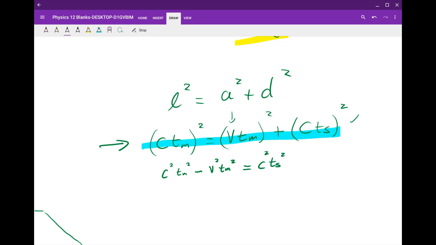We can factor out a Tm squared, and then we end up with parentheses C squared minus V squared equals C squared Ts squared.